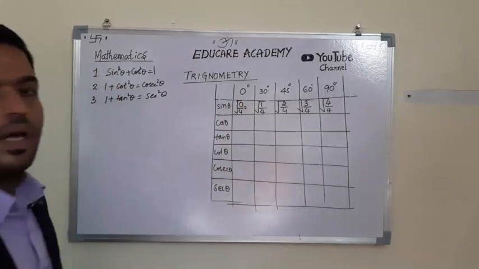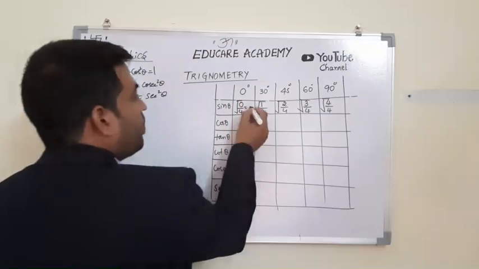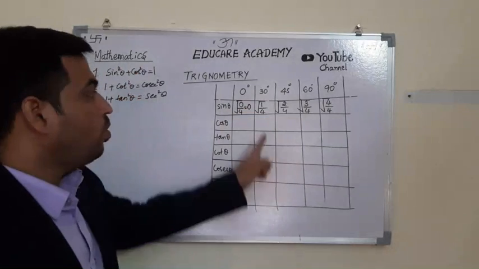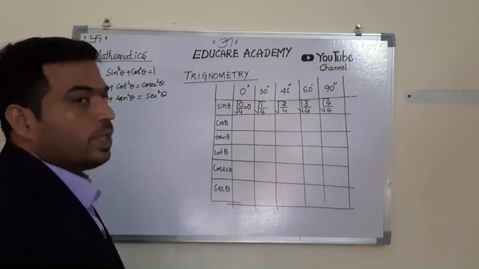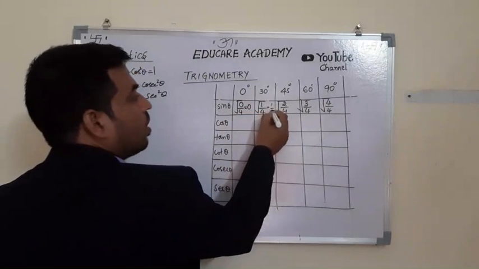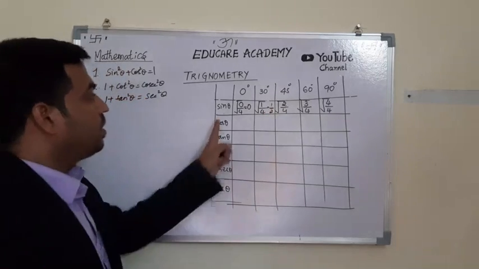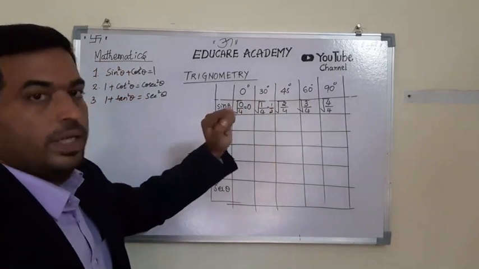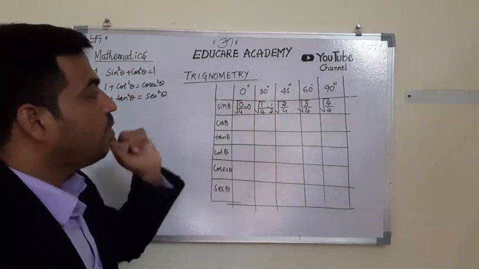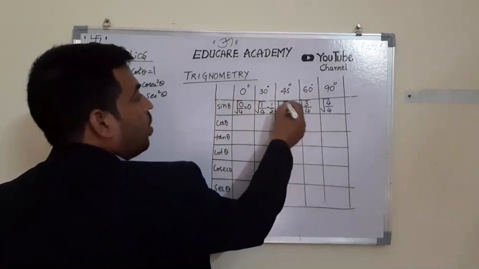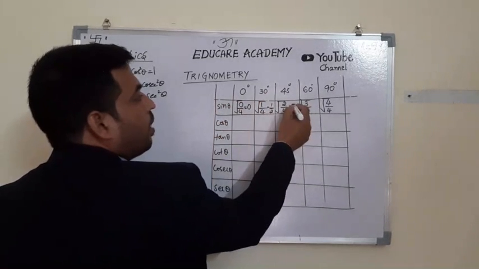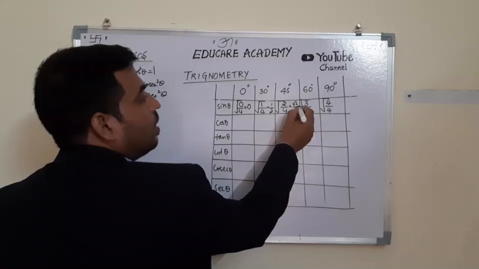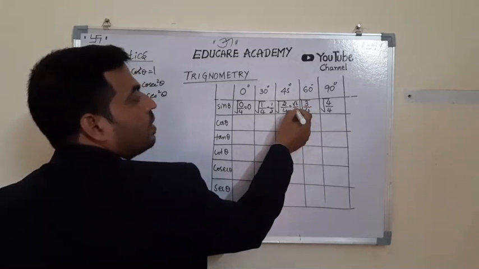Now we'll get the values. 0 by any number is 0. Root of that is also 0. Root of 1 is 1. Root of 4 is 2. So 1 by 2. So sine of 30 value is 1 by 2. Sine of 0 value is 0. Third one, root of 2 is root 2 only, divided by root of 4 which is 2.